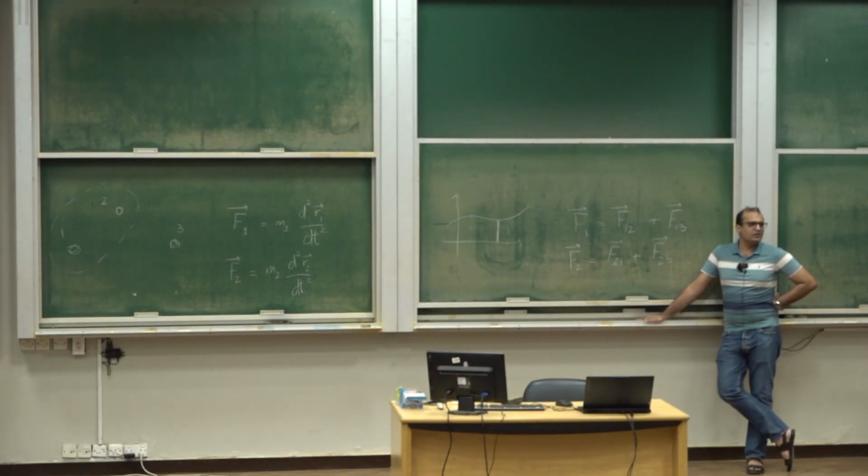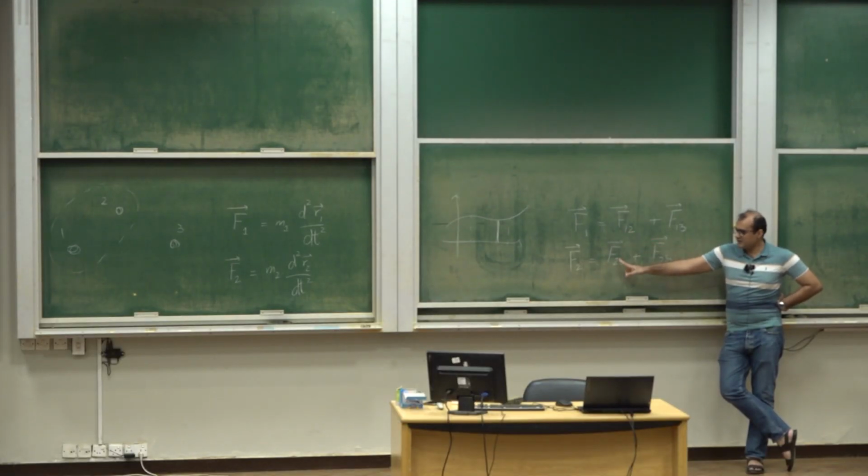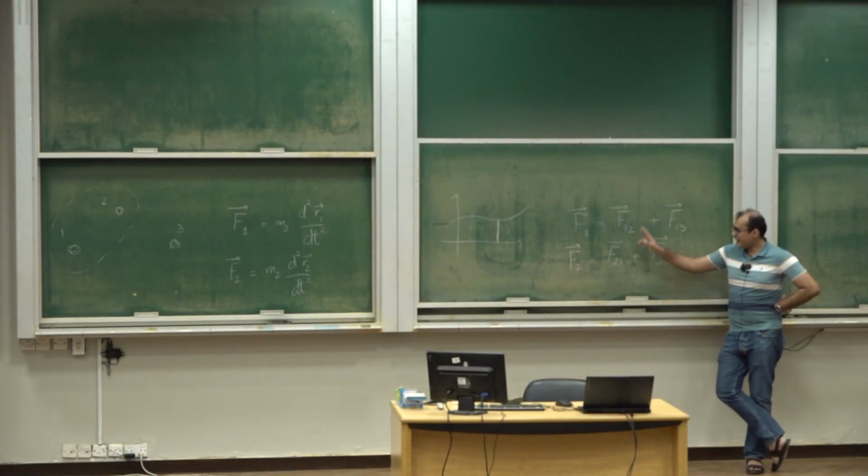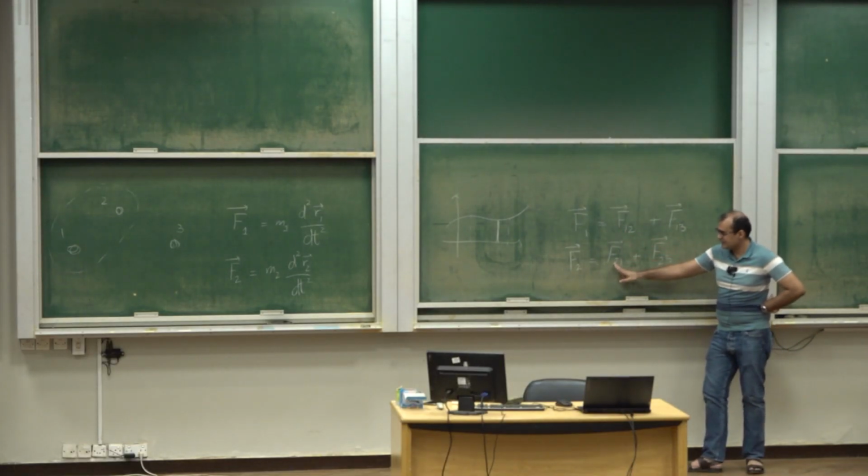Why? Newton's third law. You have just used Newton's second law until now, but now if you consider Newton's third law, F₁₂ will be equal and opposite to F₂₁, as in F₂₁ equals minus F₁₂. Remember, these are vectors. So equal and opposite means that one of the vectors is the minus of the other vector. So when you add these two equations, this will cancel this.